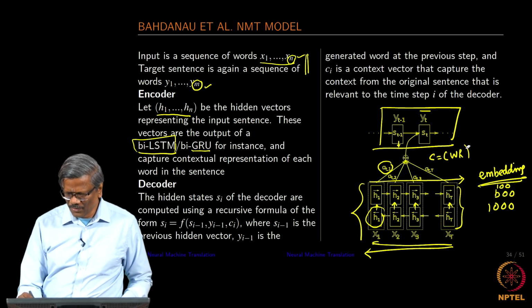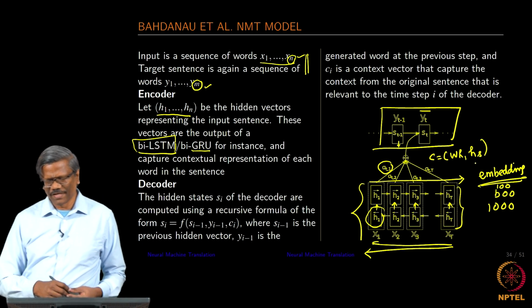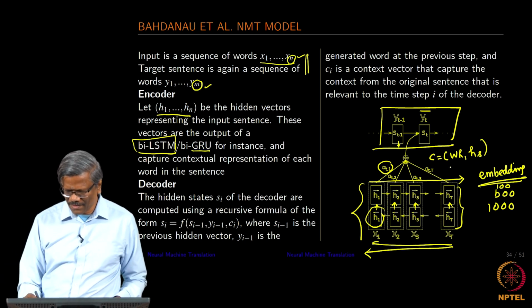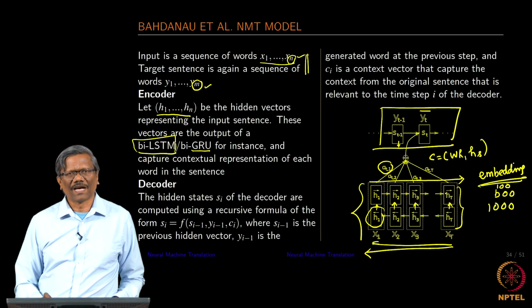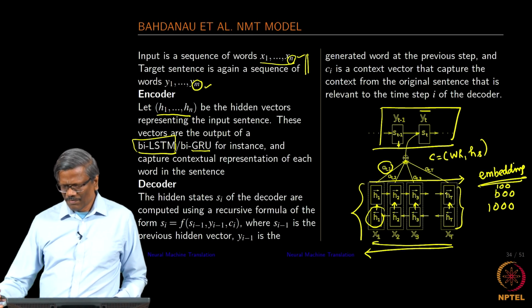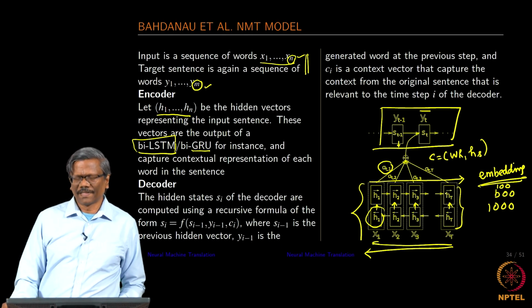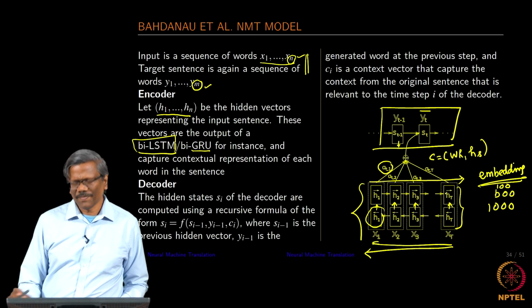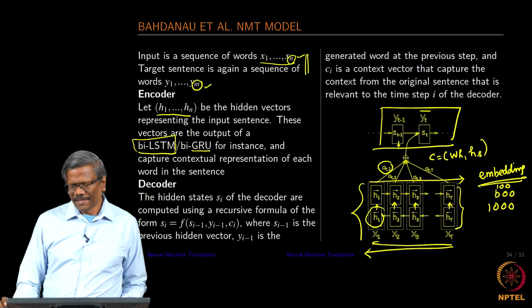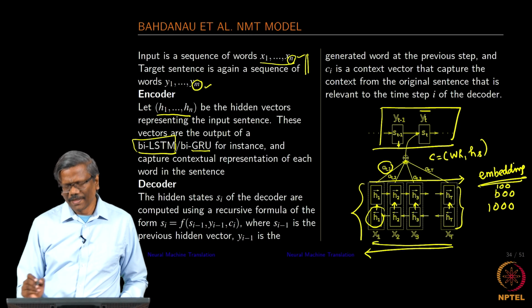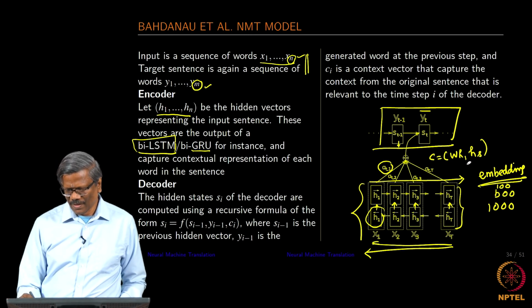I am just using some notation here. The context is not just the weighted sum of the hidden units coming in from the input side, but also it contains some values from the decoder, and that is fed into the state again for you to create the next output.